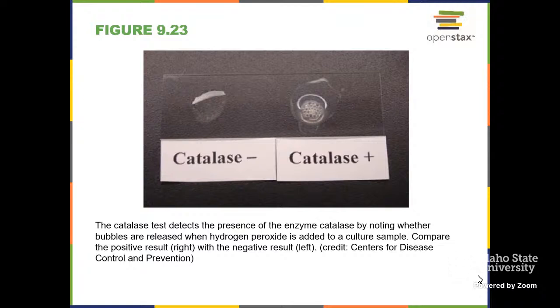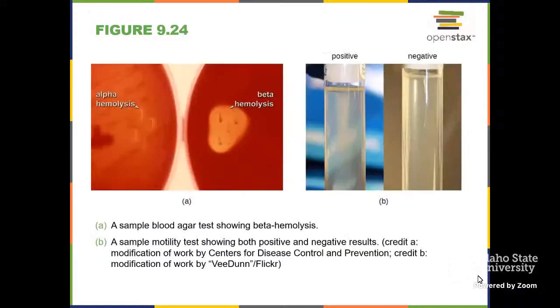And in the future, when it gets close to your unknowns, this will be a test that's performed, and you'll likely do it on all of the unknowns, but a few of you will have some positive cocci that it will actually be informative with, all right? If you're dealing with negative rods, you may still do the catalase test just to get the data, but it may not really be anything that is going to tell you one way or the other, all right? Keep that in the back of your mind.